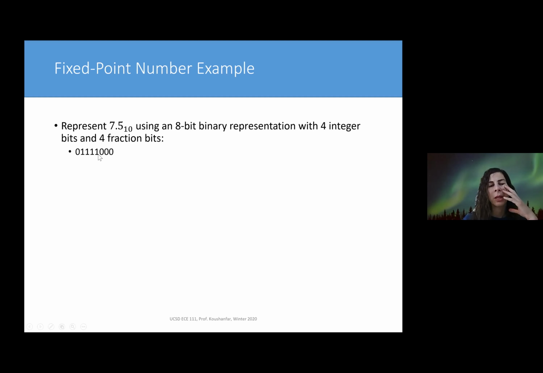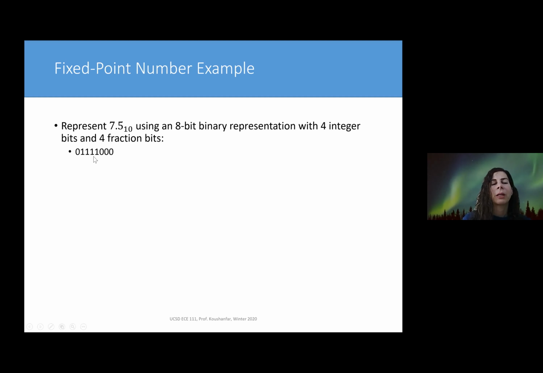So this becomes 1, 0, 0, 0, which shows you the half. To represent 7.5, we take the first 4 bits to represent a 7, and then 0.5 is represented by the fraction bits.